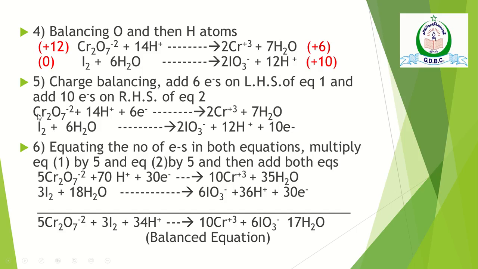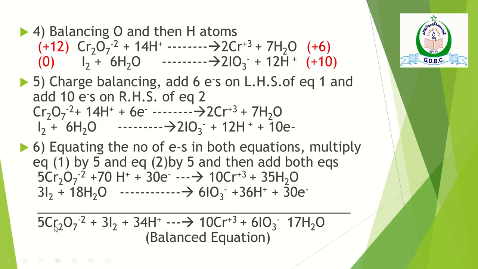So I'm multiplying this equation by 5 and I must be multiplying the second equation by 3. So here it comes, and then we will add these two equations in order to get the net equation.